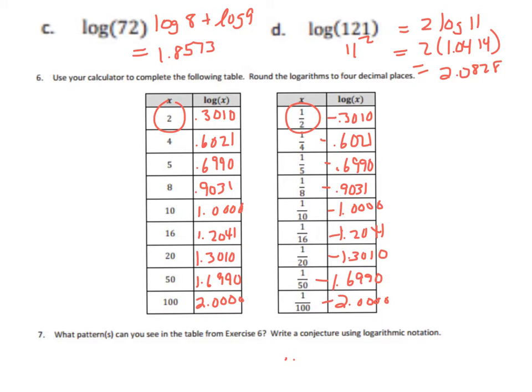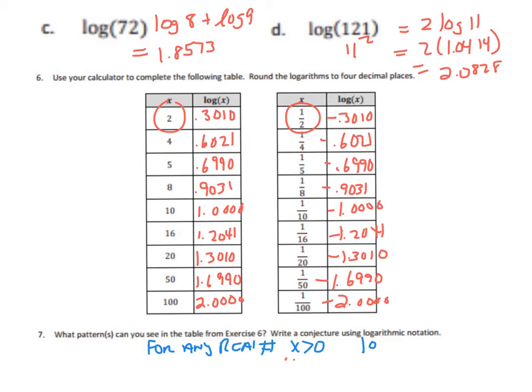Now I'm going to get a little more technical here, because I'm going to basically say, for any real number, we're not in the imaginary world, we're in the real world, any real number x being greater than 0, what rule did you notice here?